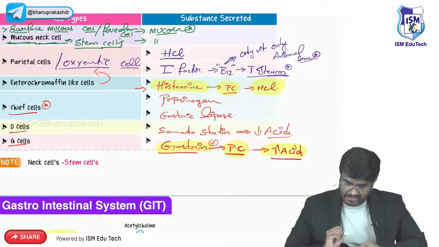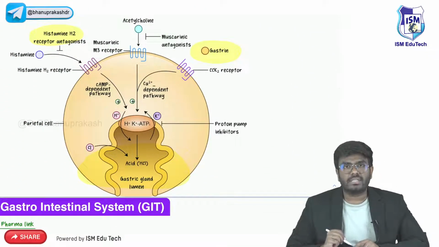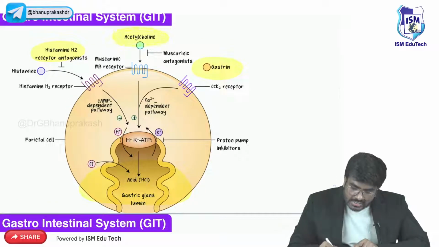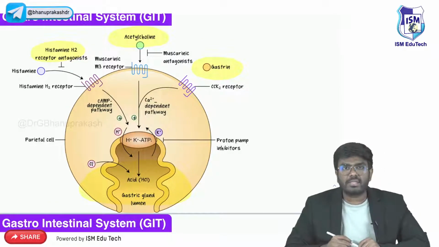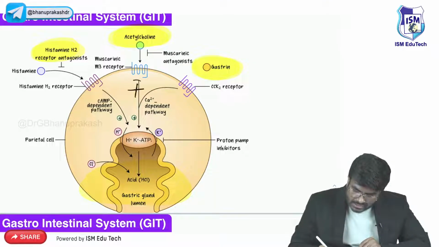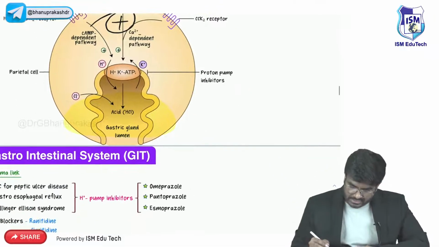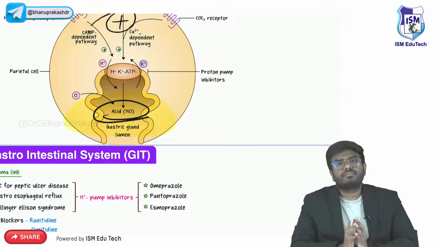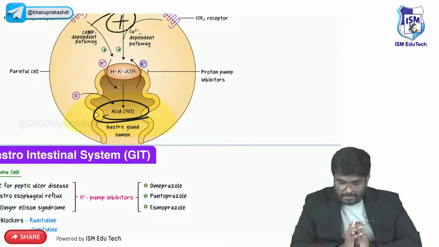They are the stimulus for the acid release. But one more stimulus is acetylcholine, a parasympathetic neurotransmitter. So acetylcholine, histamine and gastrin are all the stimulus for the parietal cells to release the acid. Okay, you got it? These are the points which I want you to know.